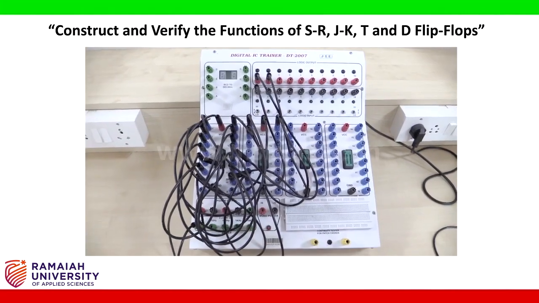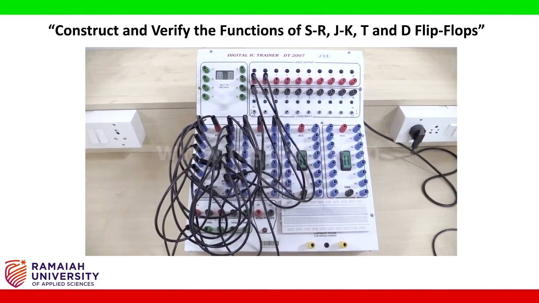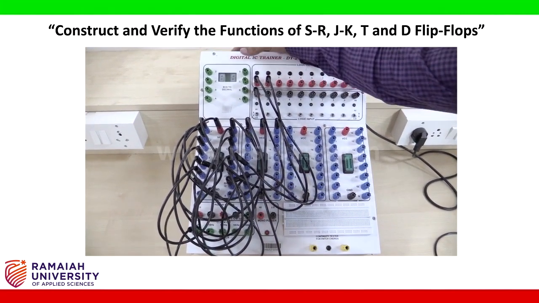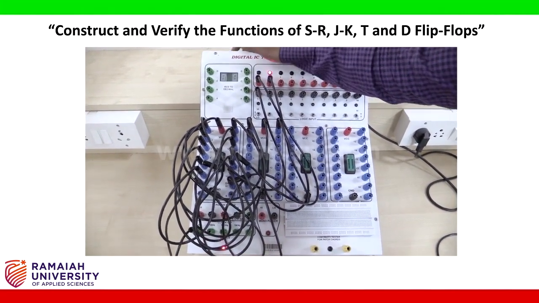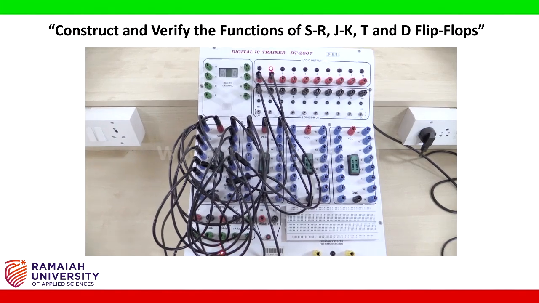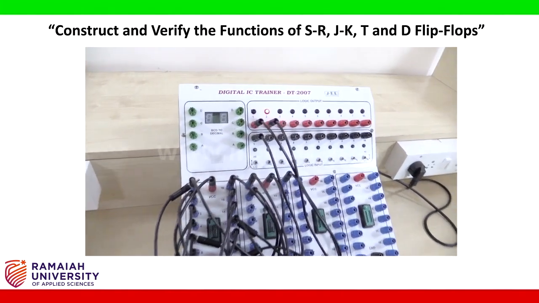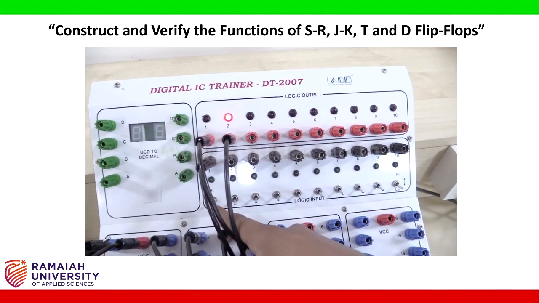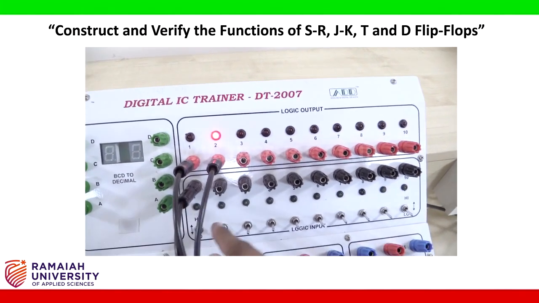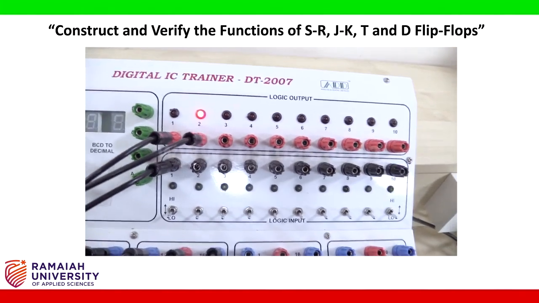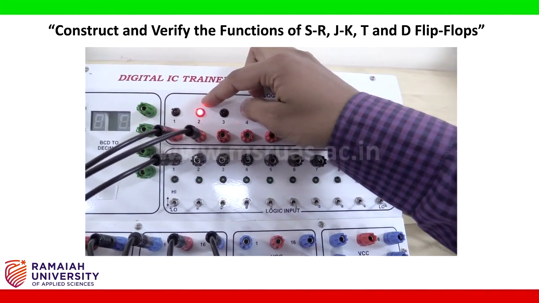Now let us verify the D flip-flop according to the truth table. So before that, I will turn on the power supply to the digital IC trainer kit. So power is turned on. Then we will verify the truth table. So when the input D is low, the output Q and Q bar will be in the previous state, that is 0 and 1.